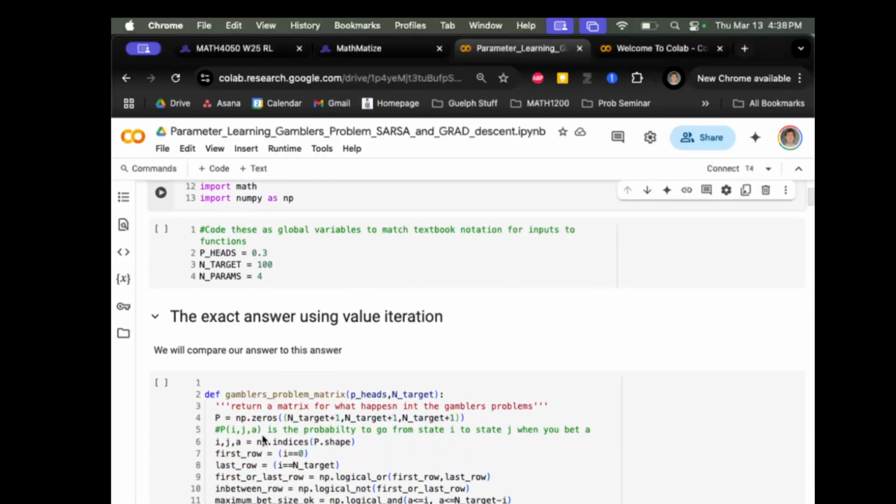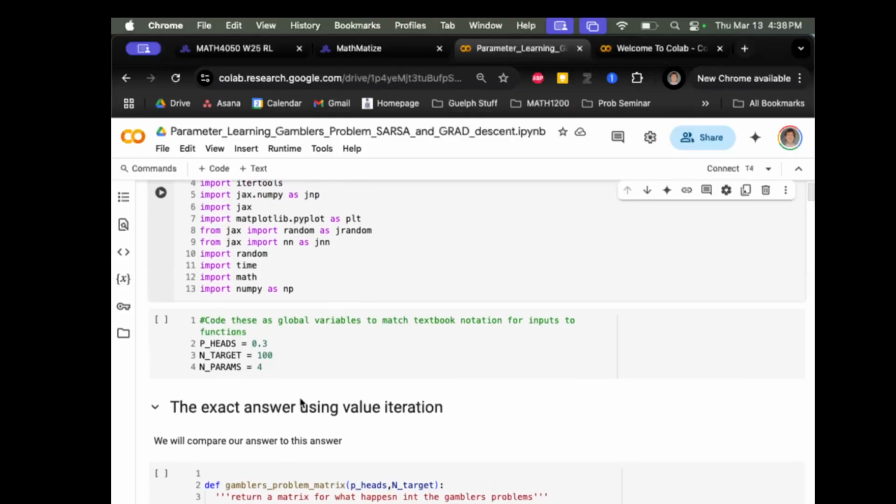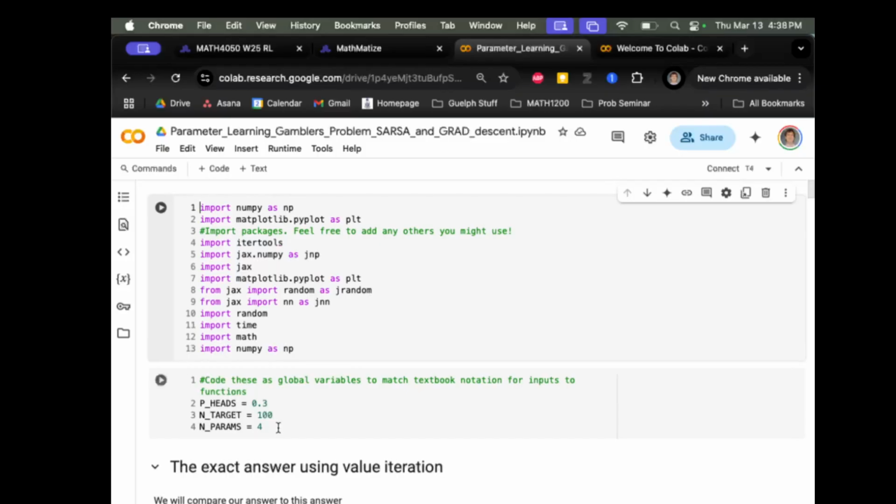The gambler's problem is like the drunkard's walk that we did last class. In the drunkard's walk, you always take a step of either +1 or -1, 50% chance. In the gambler's problem, we're thinking of it as a bankroll, and you can choose whether you want to take a big bet and take a big step, like +10 or -10, or take small bets, like +1 or -1. In particular, I'm doing the situation where P heads is 30%.